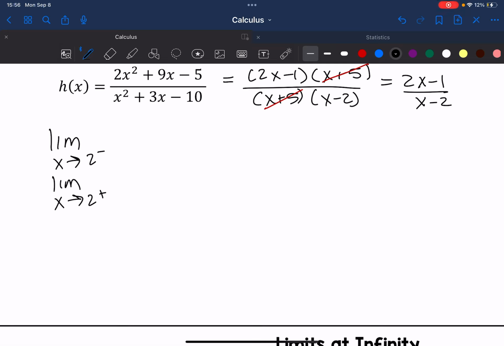Well, if we plug in 2 from the left, that means I could plug in 0, so I end up with negative 5 over negative 10, which is going to be positive, so that's infinity.